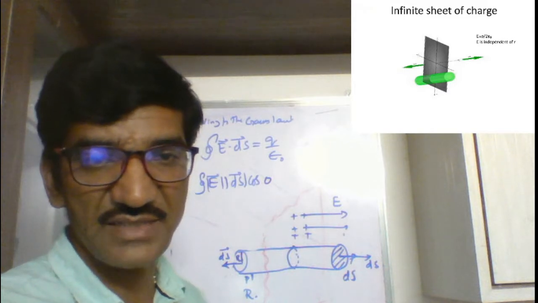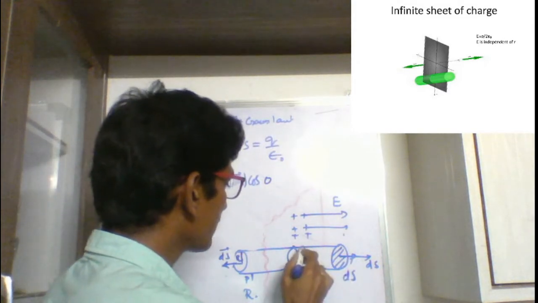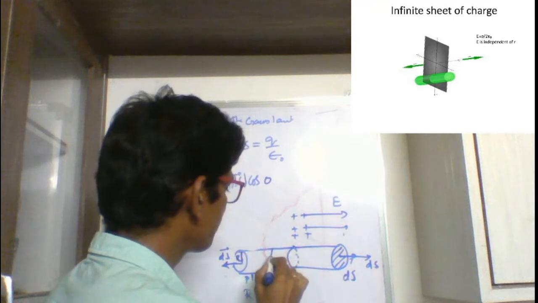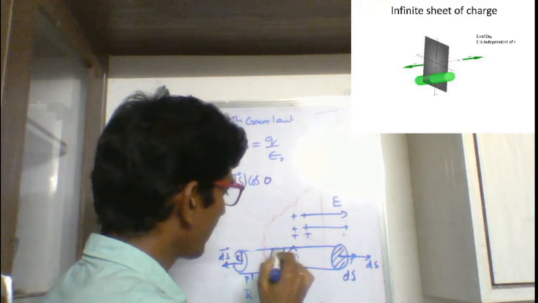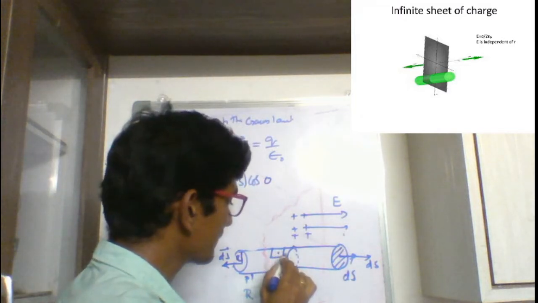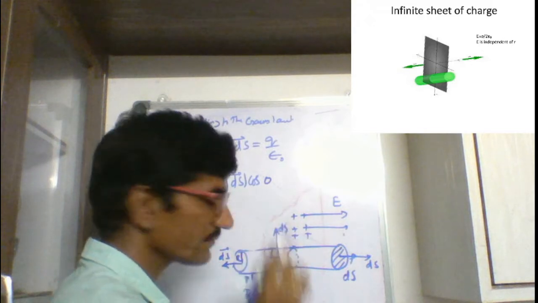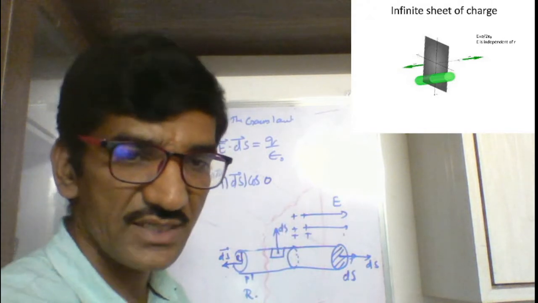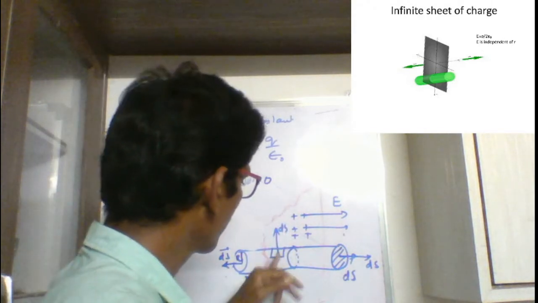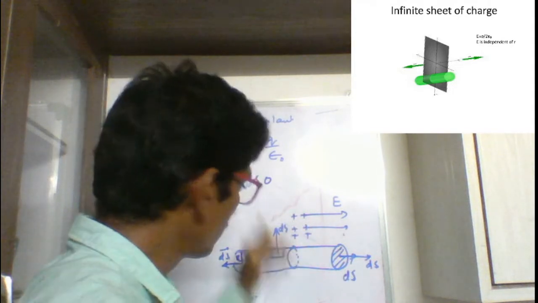If you take a patch on this side, on this curved surface, and it is ds, then what will be the direction of ds here? Upwards.